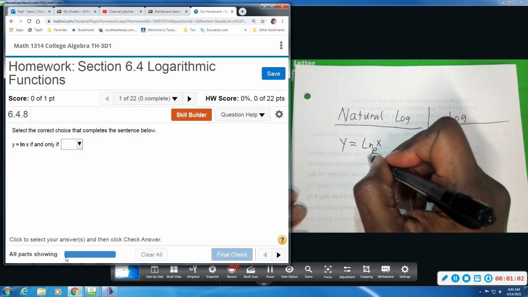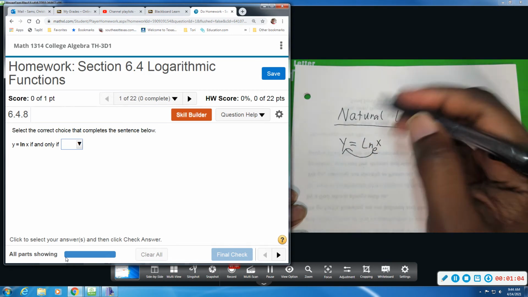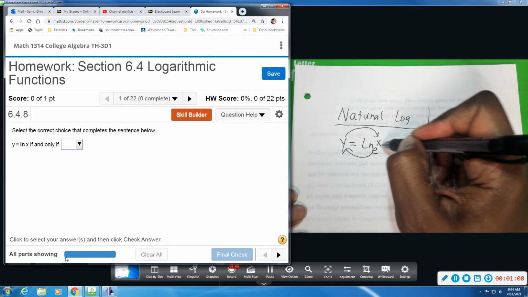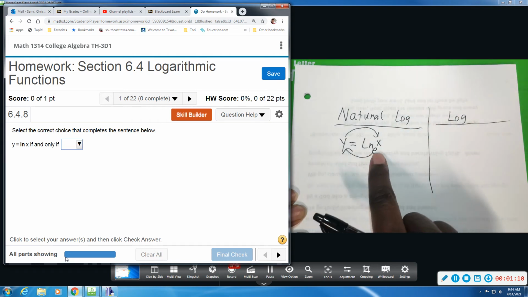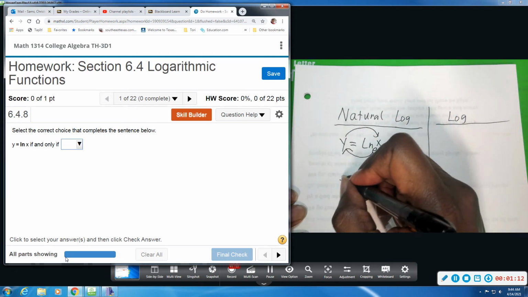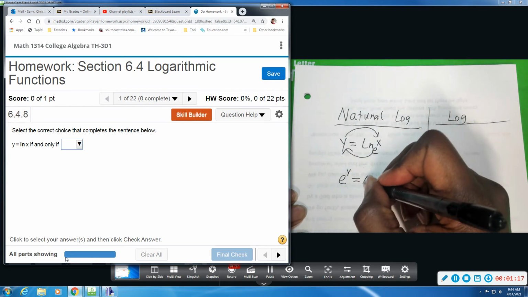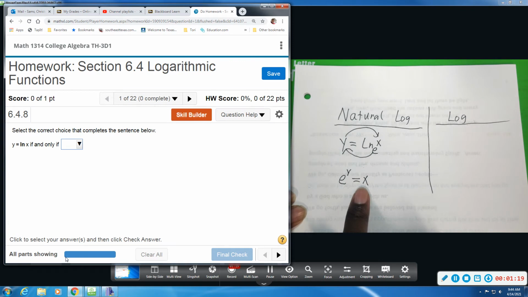You're going to raise it to this power of y, and it's going to be equal to whatever this thing is that we're taking the log of. So that is base e raised to the y power equals x. This is how you rewrite that in exponential form.